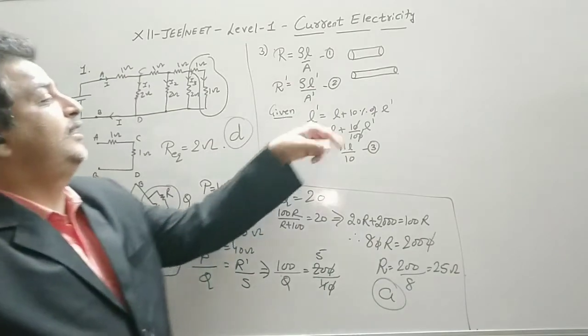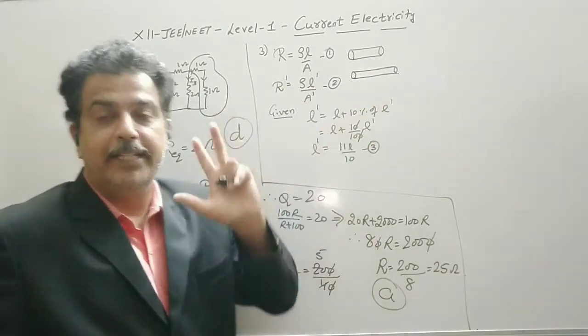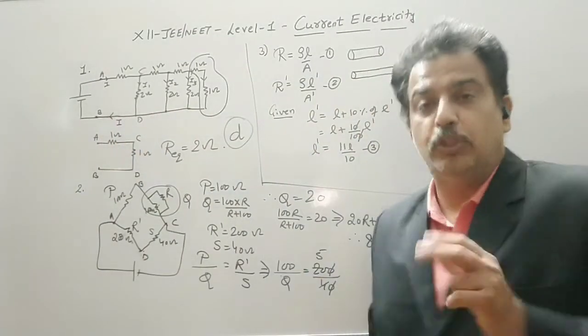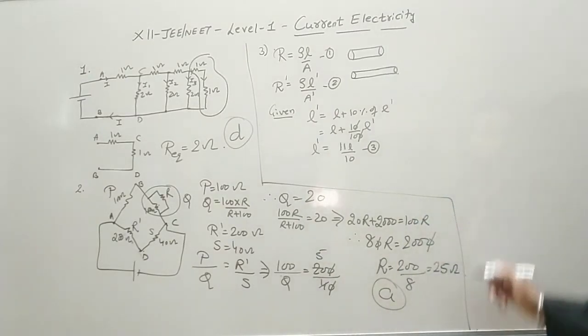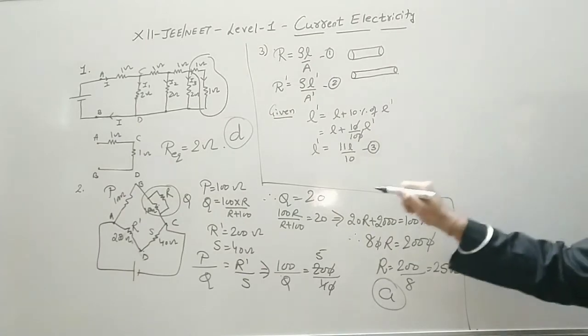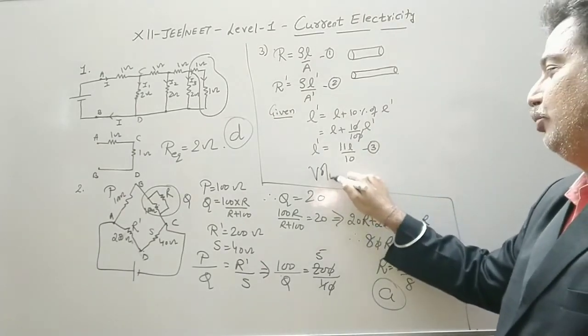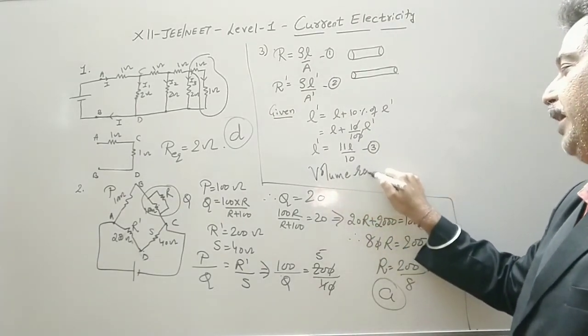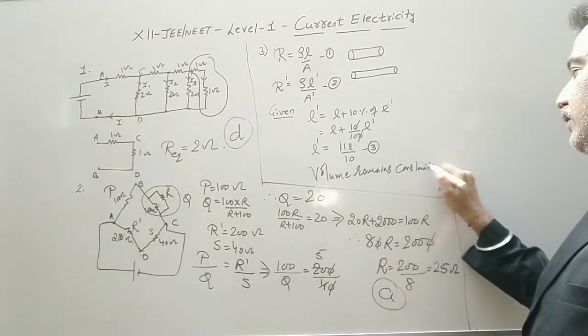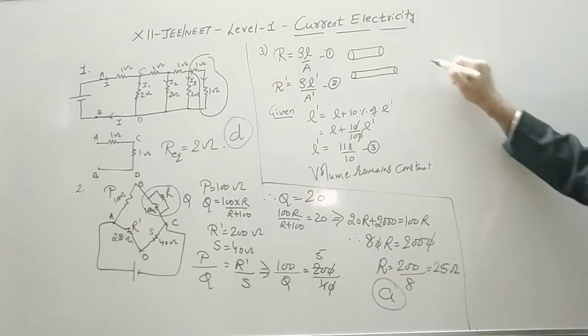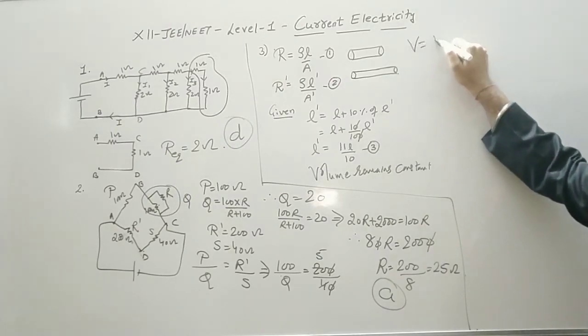Now if the length changes, the area will also change. But you have to remember that volume always remains constant. So we use the concept that the volume remains constant. Now initial volume is equal to final volume.